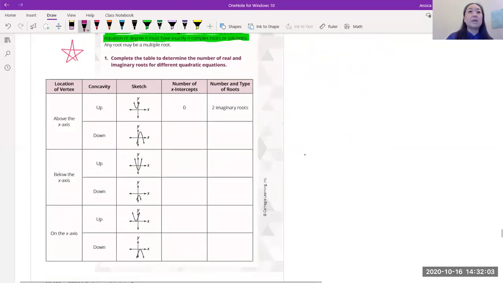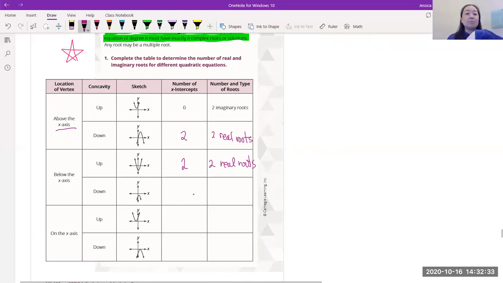All right, and again, we're talking about this one when the vertex, remember, the highest point is above the x-axis, right? It says above the x-axis and is open down. We have 2 x-intercepts, that is 2 real roots. If you did not do this by yourself first, okay, if the vertex is below the x-axis and it's open up, again, we have 2 x-intercepts, and that's 2 real roots.